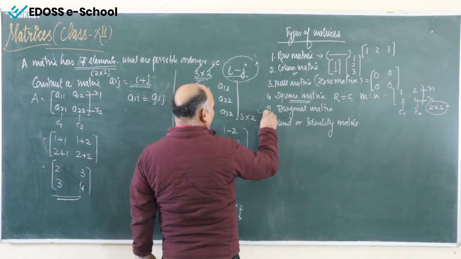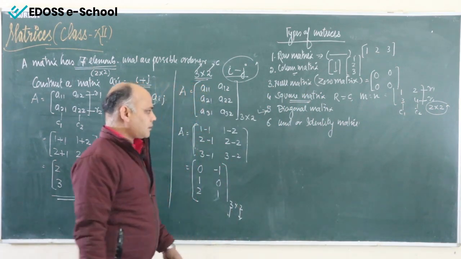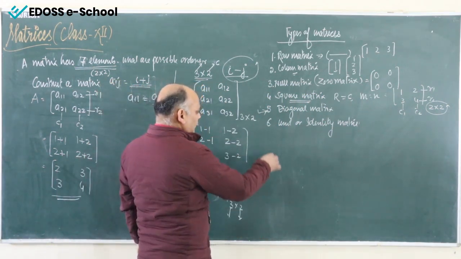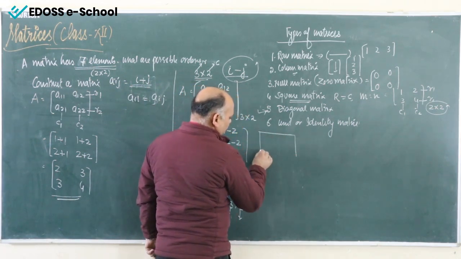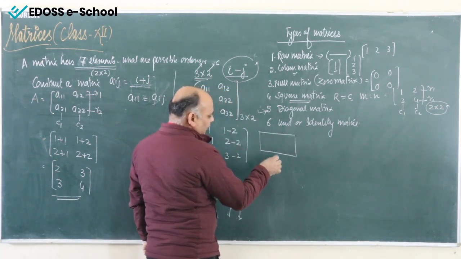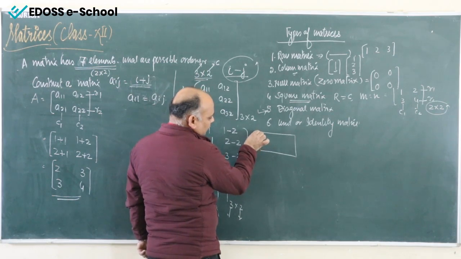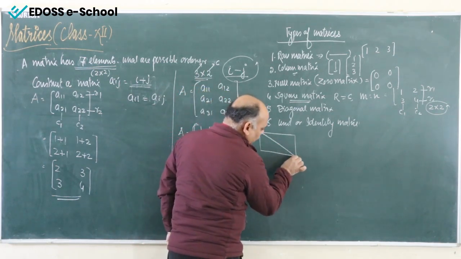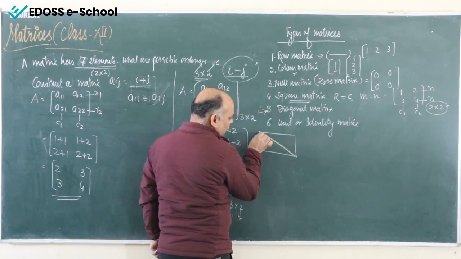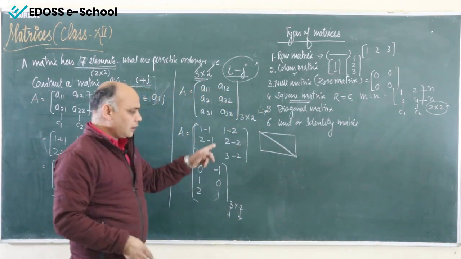Now this is a very important one, the diagonal matrix. Diagonal means, suppose this is a rectangle, and what is the diagonal here? Diagonal is from this vertex to this vertex. The line joining two opposite vertices is known as a diagonal.